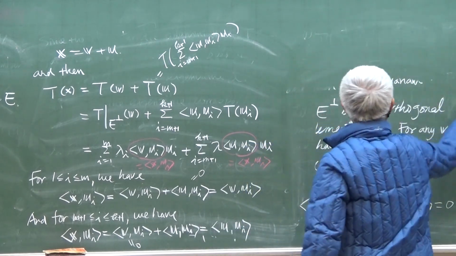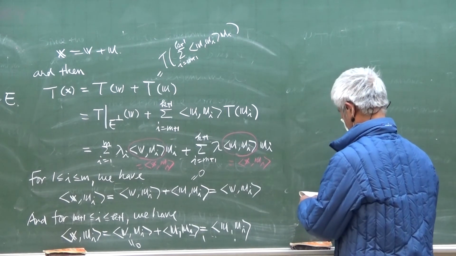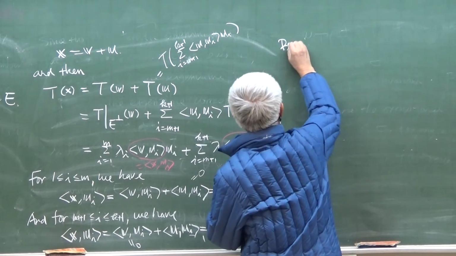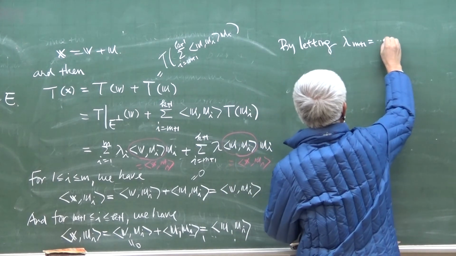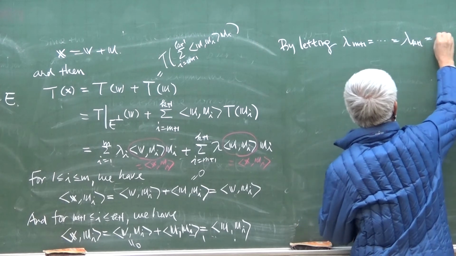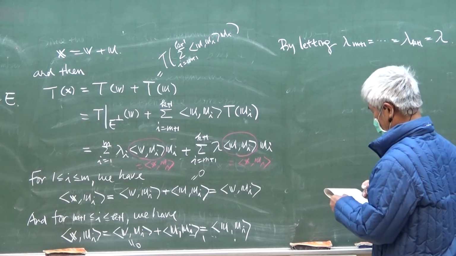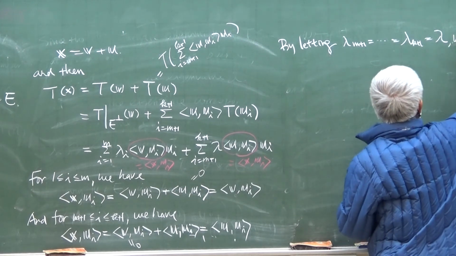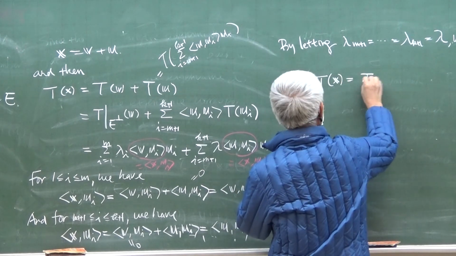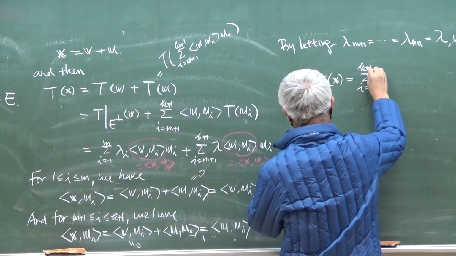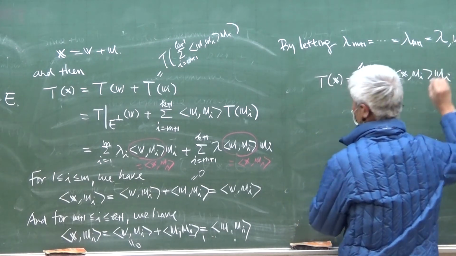Okay, so the construction is that we set lambda m plus 1 equal to lambda k plus 1 equal to lambda. That's why the lambda i's may not be distinct. So we have Px equal to the summation i from 1 to k plus 1 of lambda_i ⟨x, u_i⟩ u_i.